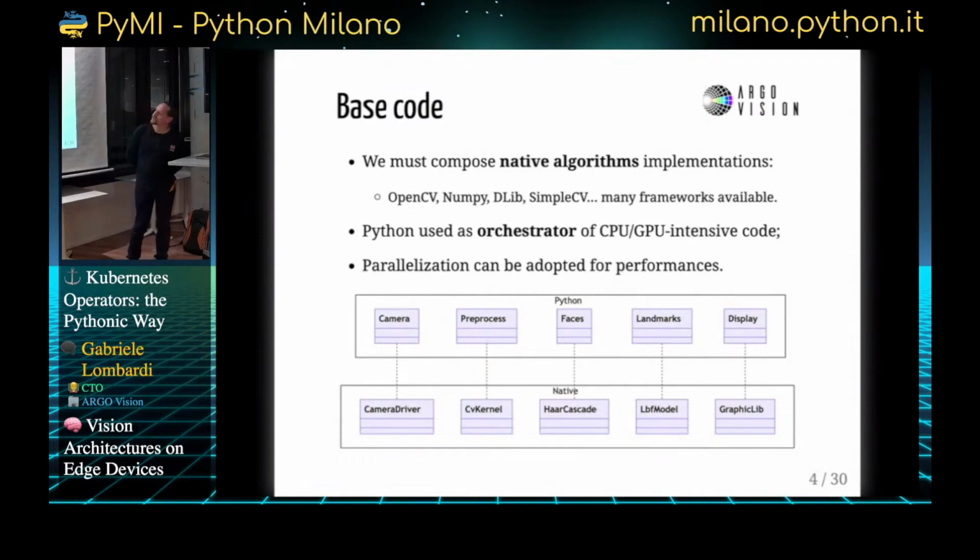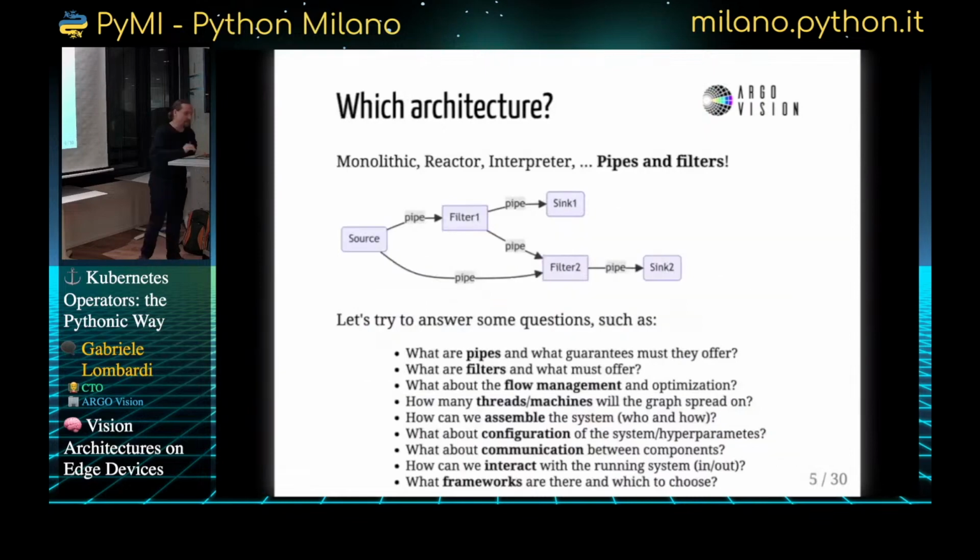So Python here for us is an orchestrator of low-level algorithms, low-level in the sense of being under the interpreter. There are many architectures we also use. Maybe all of those I listed are not all the architectures we want to use. And we will speak today about pipes and filters. All of you know about pipes and filters for sure, but I wish to check what's good, what's bad, and what the choices related to pipes and filters are.